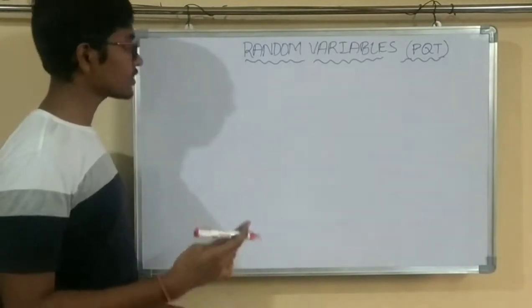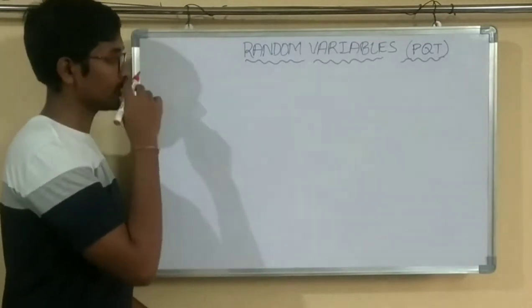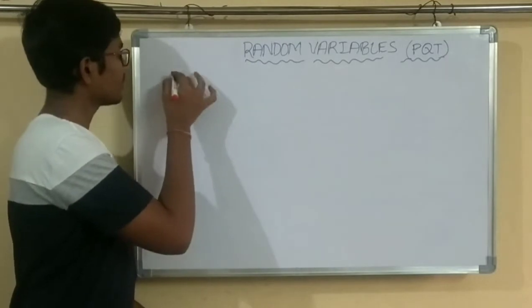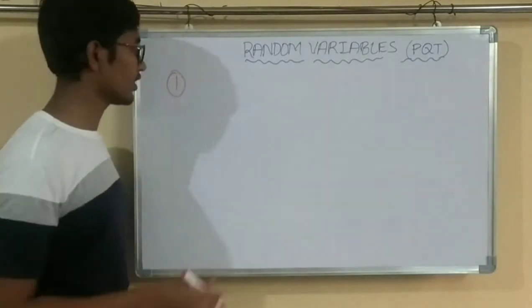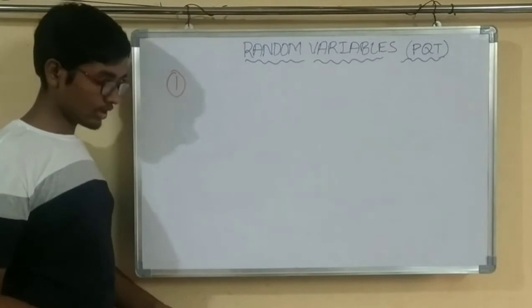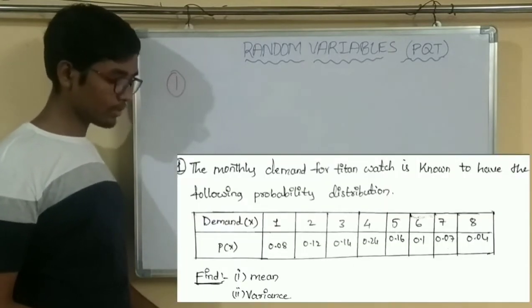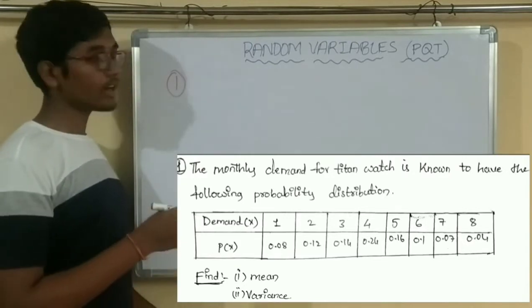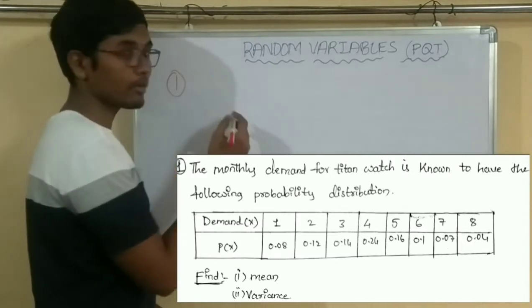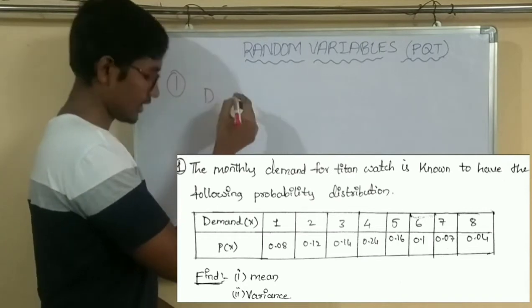The first question is displayed down and I will read it once. The monthly demand for Titan watch is known to have the following probability distribution. I am writing the table data which they have given.